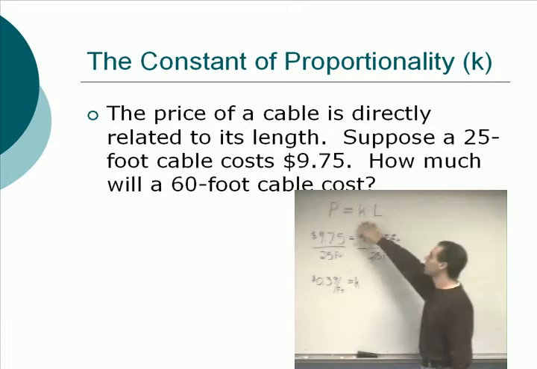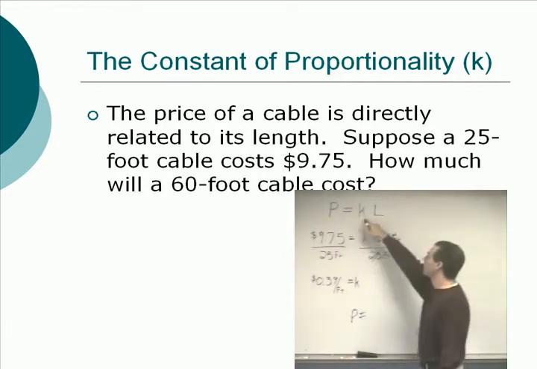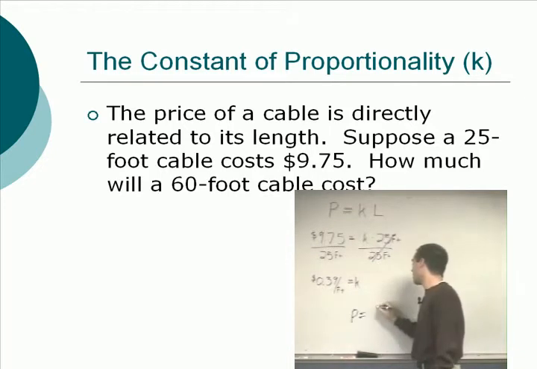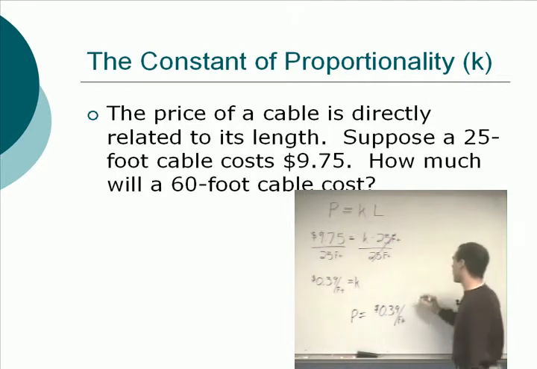Well, we go back to our original relationship. The price is going to be equal to the K value, which we now know, times the length. And in this case, that's 60 feet.